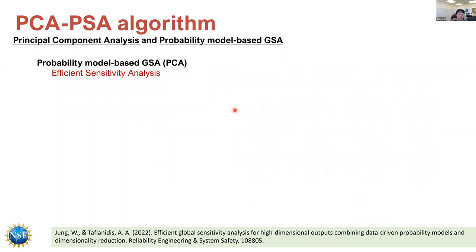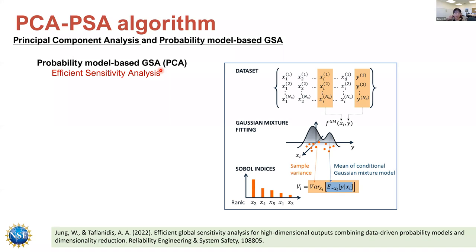And then to further increase the efficiency, when mapping from input to the reduced dimension output, when running sensitivity analysis for the reduced dimension output, we introduce something called probability model-based GSA, which can be more efficient than performing just Monte Carlo simulations.